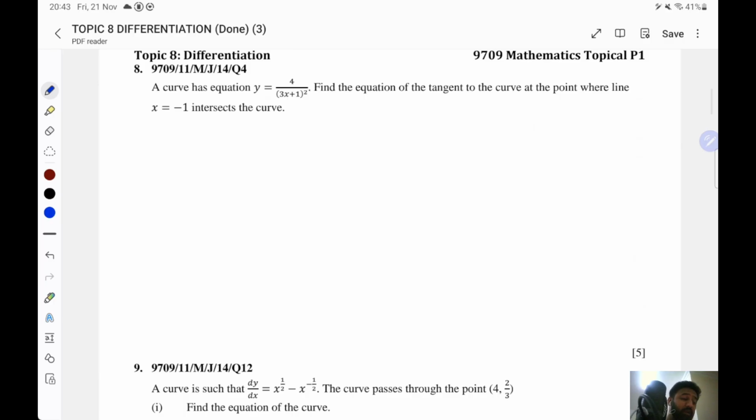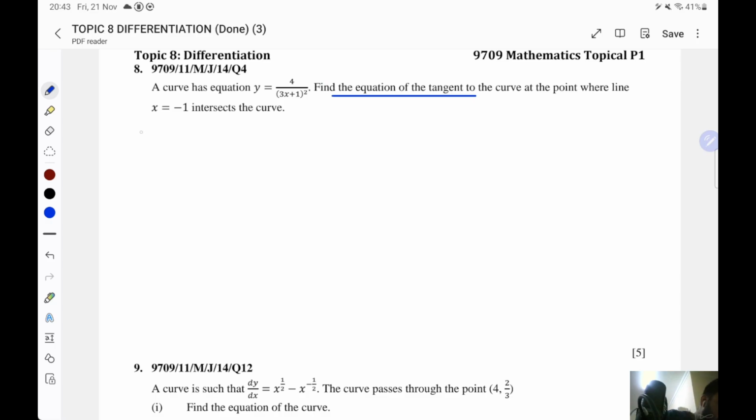Let's move to the next question, which is question number 8, May June 2014, paper 1-1, question number 4. It says that a curve has the equation y equals this. We need the equation of the tangent, which is a straight line, at the point where the line x equals minus 1 intersects the curve.